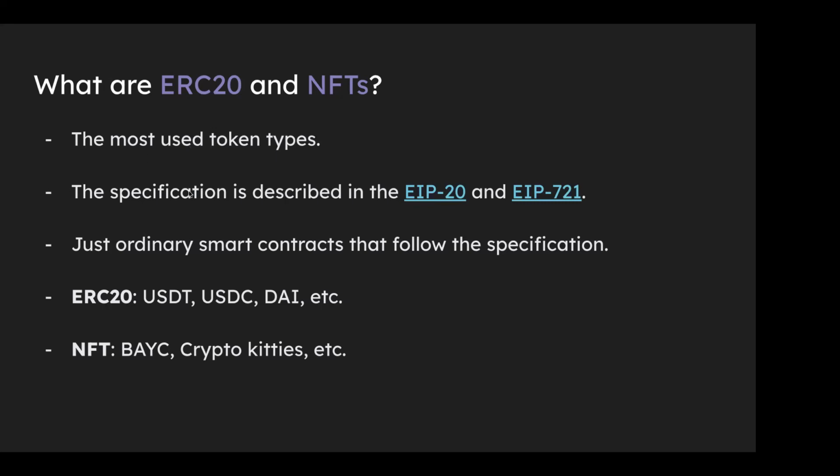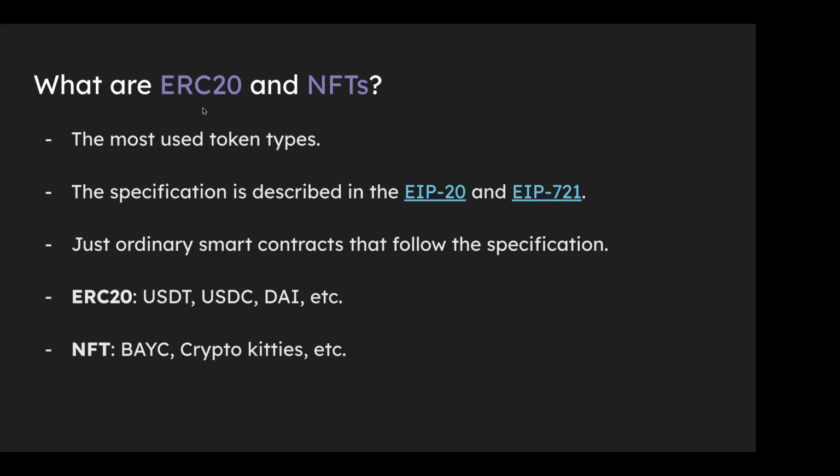And the specifications of those standards are described in ERC20 and ERC721. So if you're curious, you can read through them. But what I want to point out here is that those are just ordinary smart contracts that follow the specification. So for example, when you see USDC in your wallet, that means that there is a smart contract that follows the ERC20 specification.